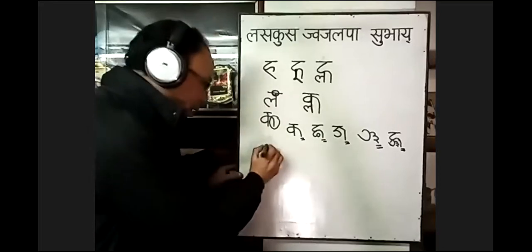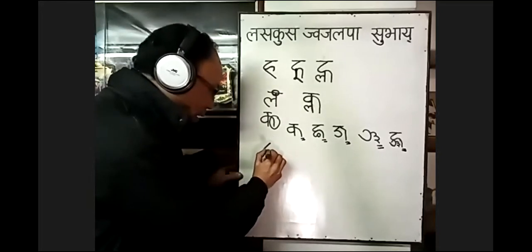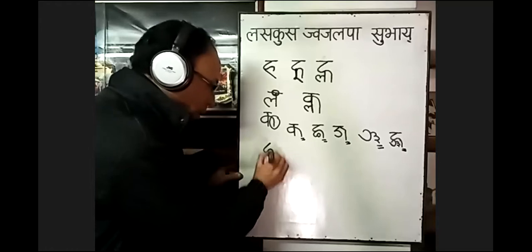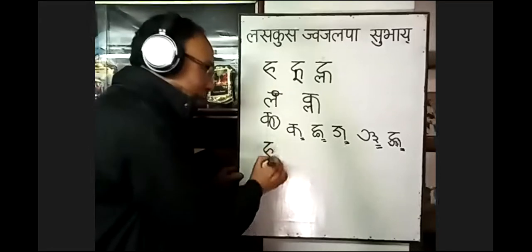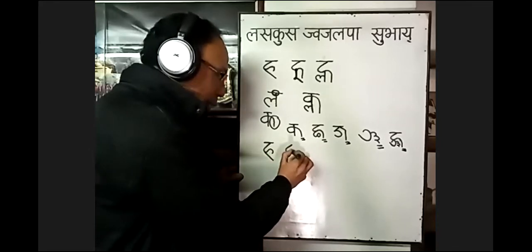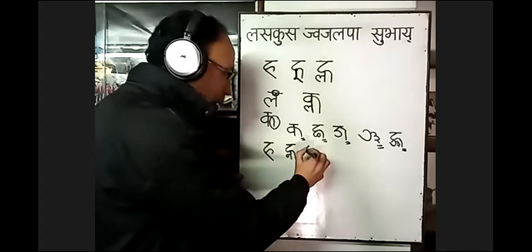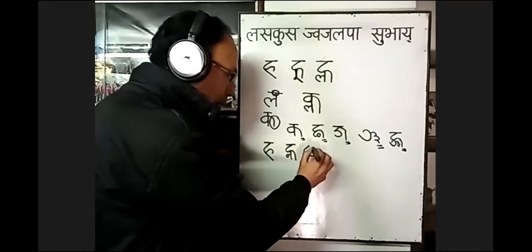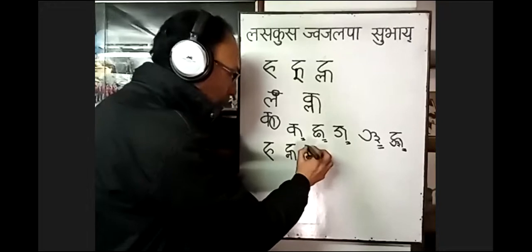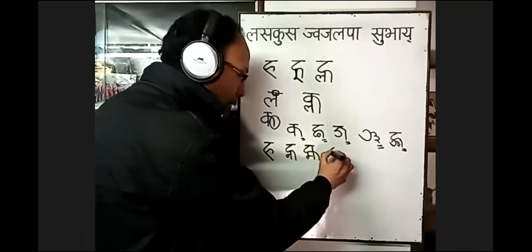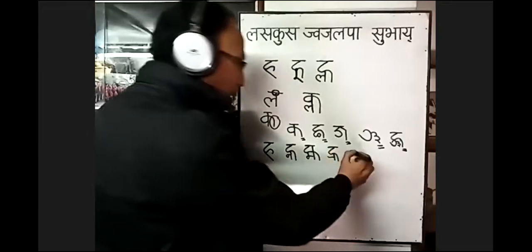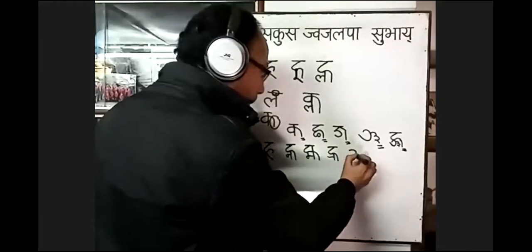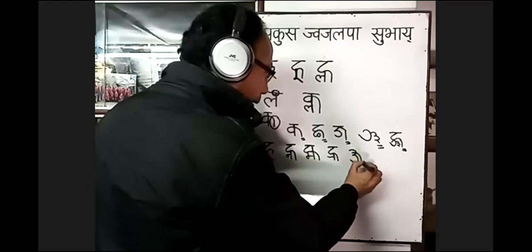Okay, the others are the ha itself, and the letters added to the ha, that is the nha, mha, and ra, and sha.